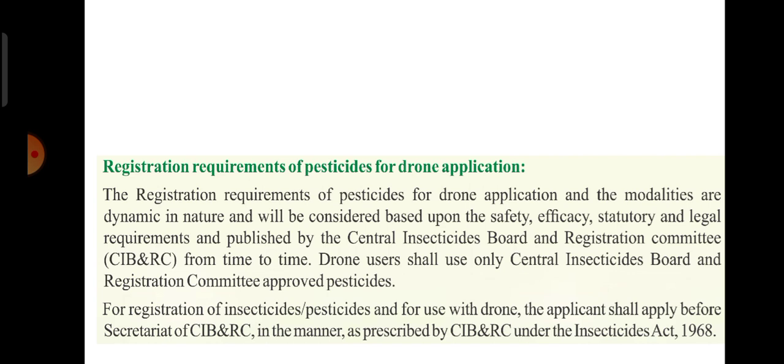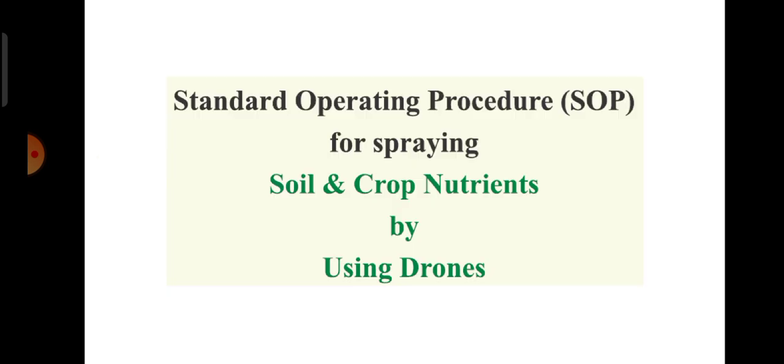Drone users shall use only Central Insecticide Board and Registration Committee approved pesticides. For registration of insecticides and pesticides for use with the drone, application will be online on the Secretariat of CIB and RC in the manner as prescribed by CIB and RC under the Insecticides Act 1968. You may find it online.